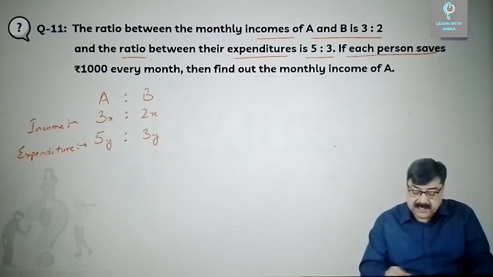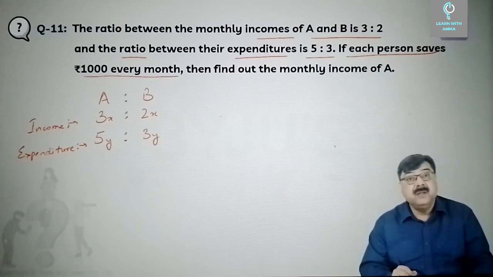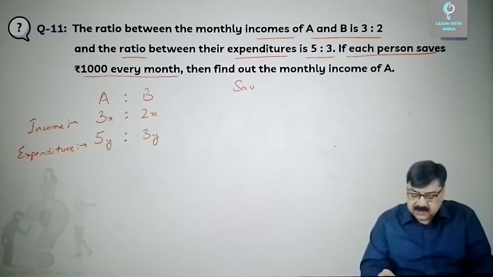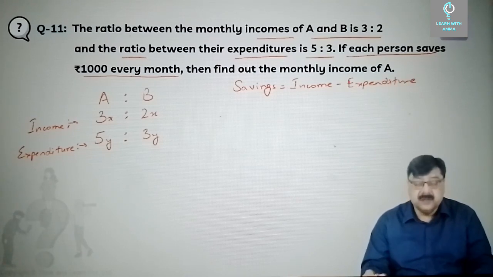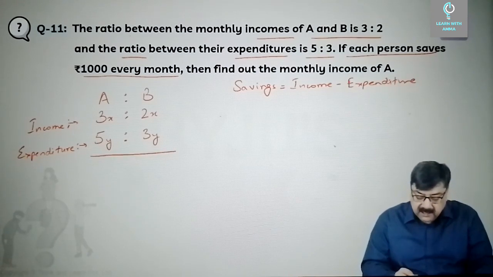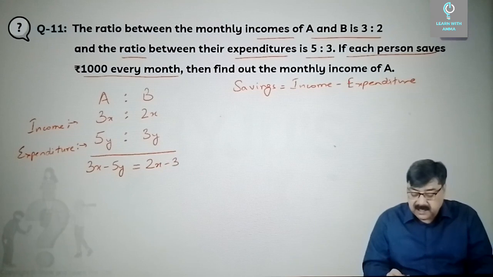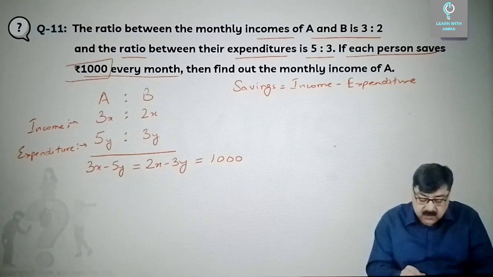If each person saves rupees 1000 every month, then find out the monthly income of A. Now savings, we know, is nothing but income minus expenditure, isn't it so? So the saving here will be 3x minus 5y, which will be the same as 2x minus 3y. Why? Because the savings in each case is the same, that is 1000 rupees.